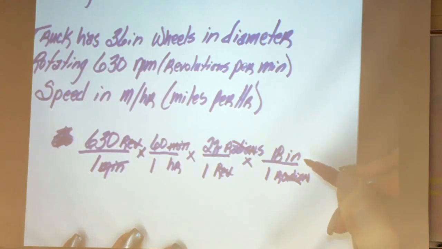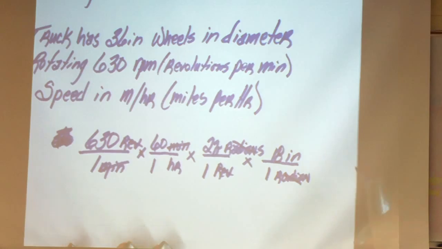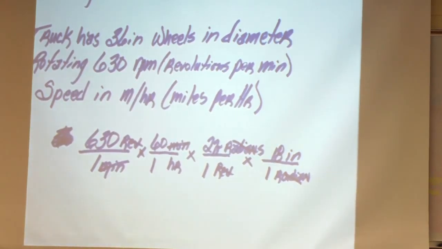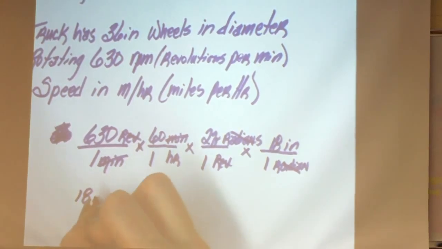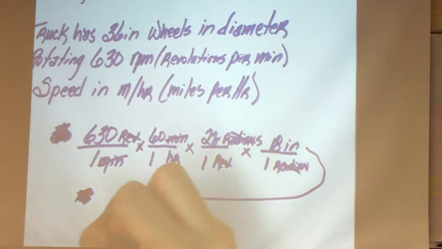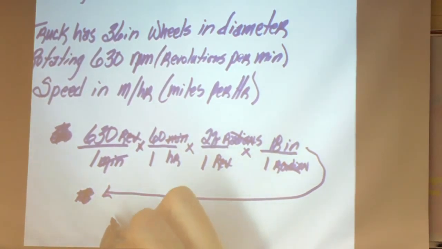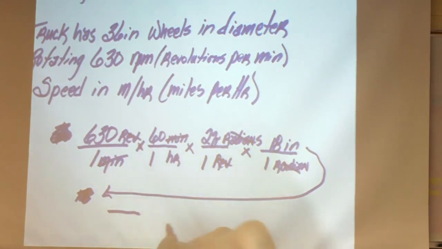Okay, now I need to convert that inches to miles. Okay, so we need to multiply by 2 more fractions, and I'm running out of room, so I'm going to put it down here on the bottom. I don't want to rewrite that. I'm drawing an arrow here. I want to convert from inches to feet first.